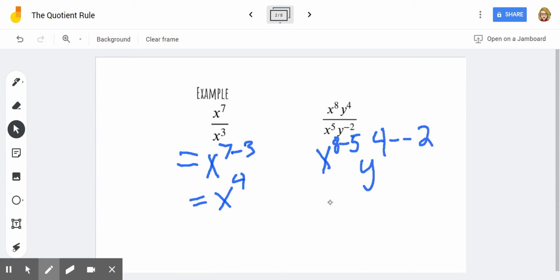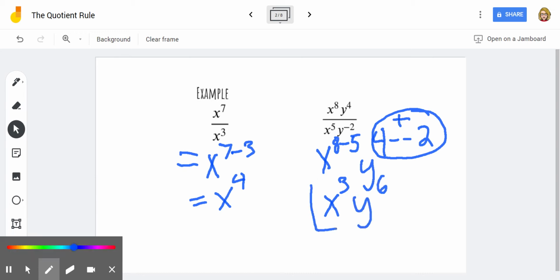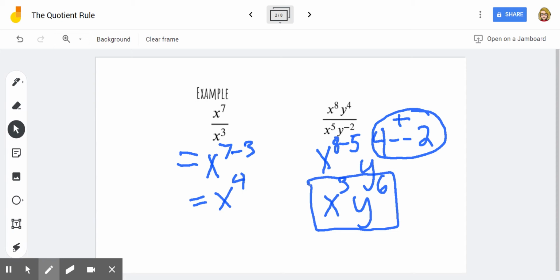So 8 minus 5 will give us x to the 3rd. And then we have 4 minus a negative 2. So that's going to turn into positive. So it's going to be y to the 6th. So that would be our final answer for this one.